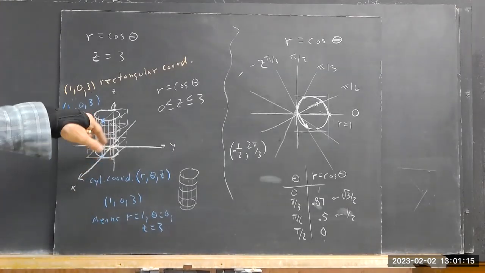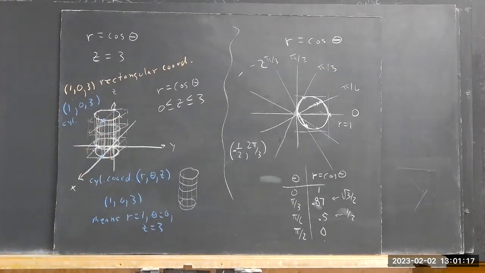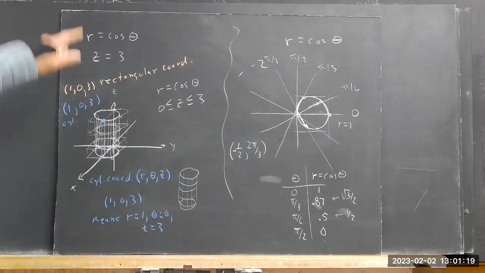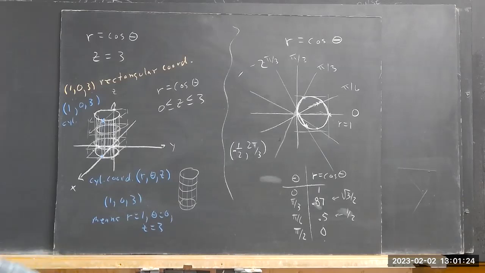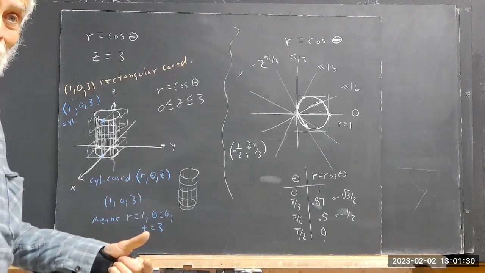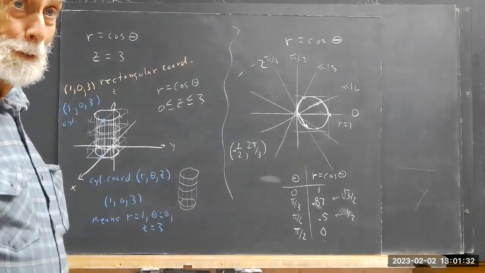It's just polar coordinates down here in the xy plane, and then how high it has to go, z. So if you understand polar coordinates, well, cylindrical coordinates are really pretty easy. Now there's stuff we do with cylindrical coordinates that isn't as easy. Let's just get the scheme done, okay?